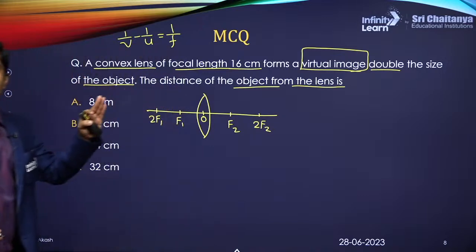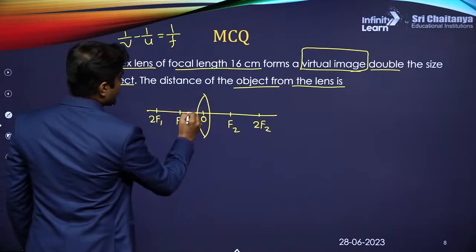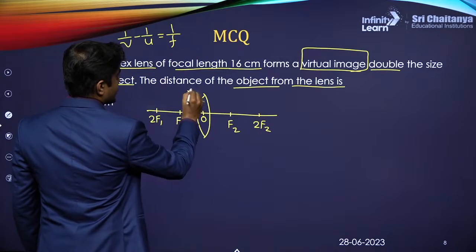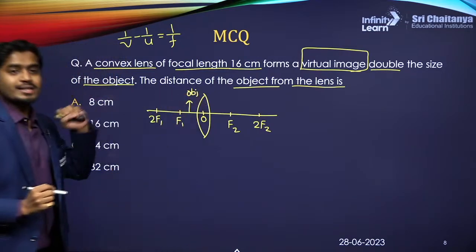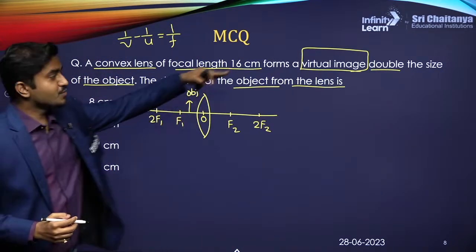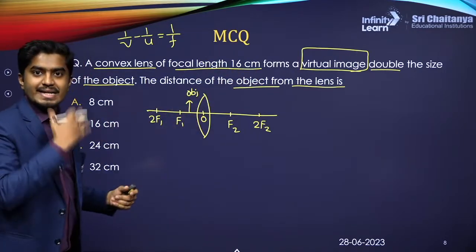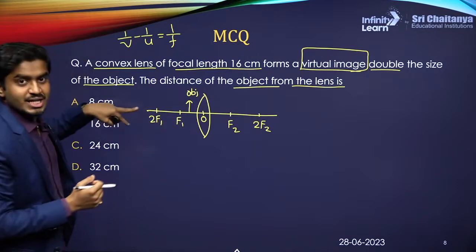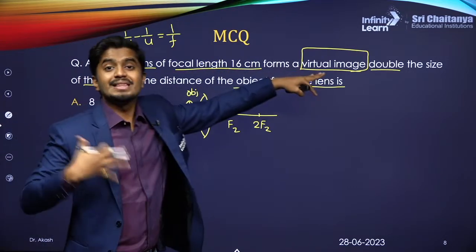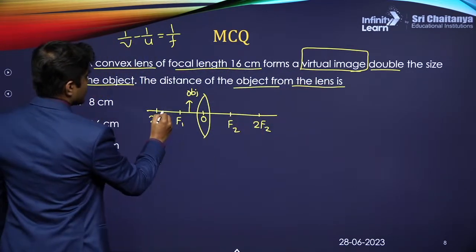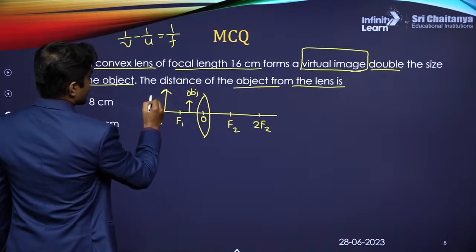The object should be placed between F1 and O. So this is the object. For this object, the image is virtual. Virtual image means behind the lens, so somewhere in this range, and it is given double the size. So this is the image.